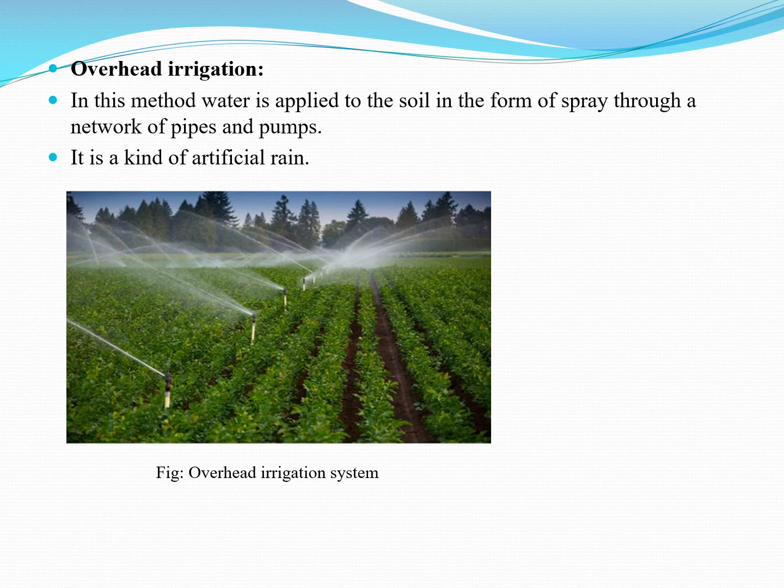It is nothing but a sprinkler irrigation system, and through the network of pipes and pumps, there is a water spray here, and through that there is a uniform distribution of water over the crops. This is called overhead irrigation.